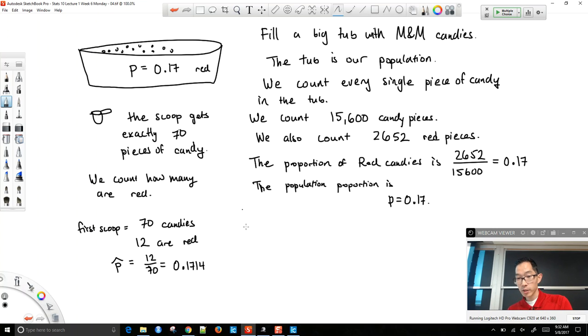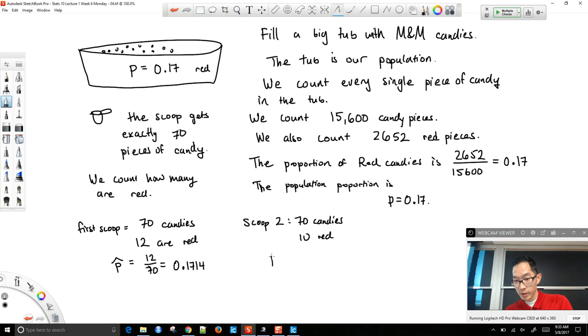Let's do scoop 2. Scoop 2, I will do another 70 candies. Do you think I'll get 12 red again, or could I get something different? I mean, it's possible to get 12 red again, sure. But maybe I get 10 that are red. So let's say we get 10 red candies.